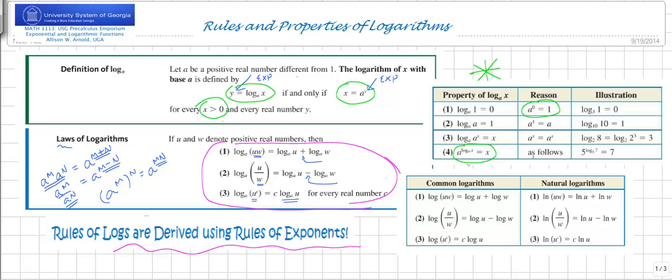And whether you have log base 10 or whether you have log base e, common log or natural log, the rules are still analogous. Okay? I hope that makes sense to everyone.